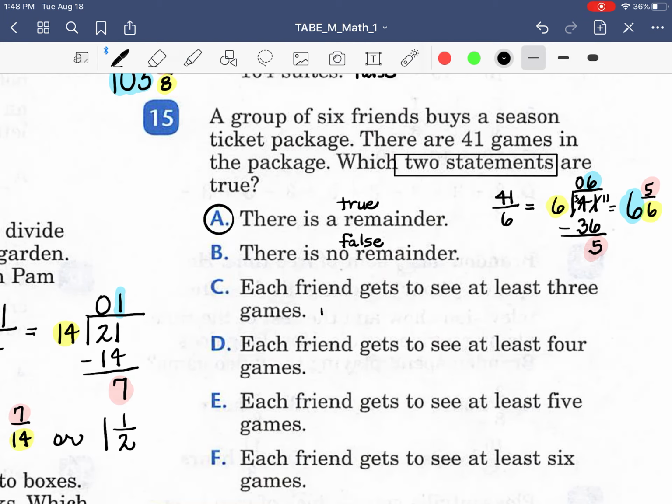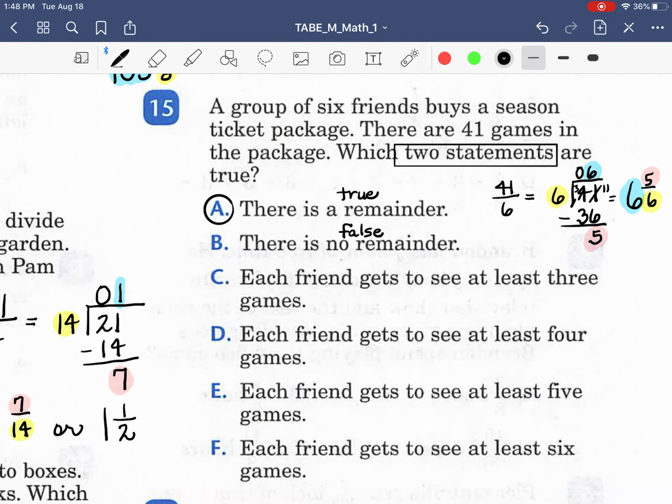I'm not going to say that's false because it isn't, but that's not the choice that they're looking for. Each friend gets to see at least 4 games. Again, let me just tell you what they're looking for. I have a problem with the way this one's written.